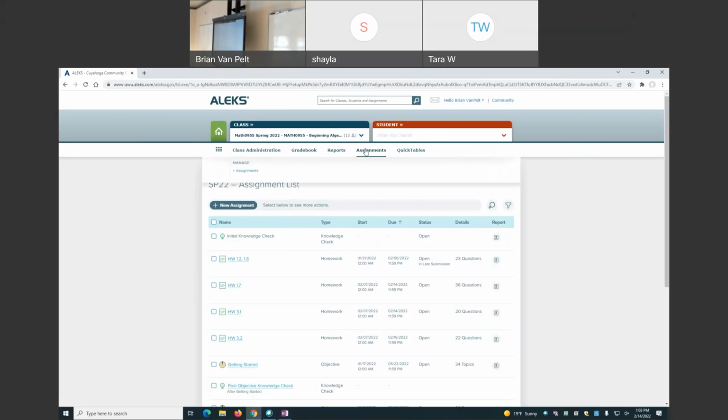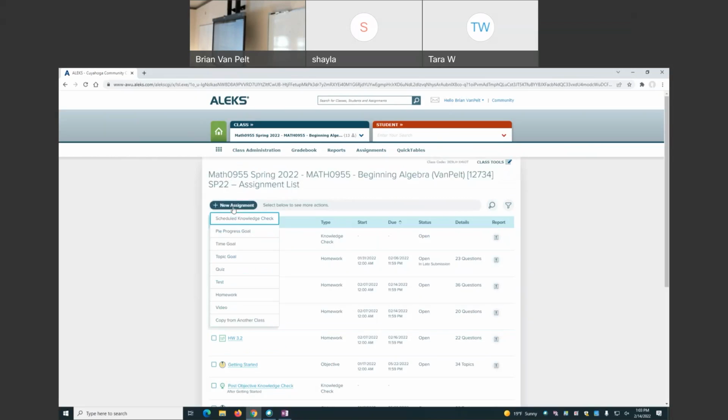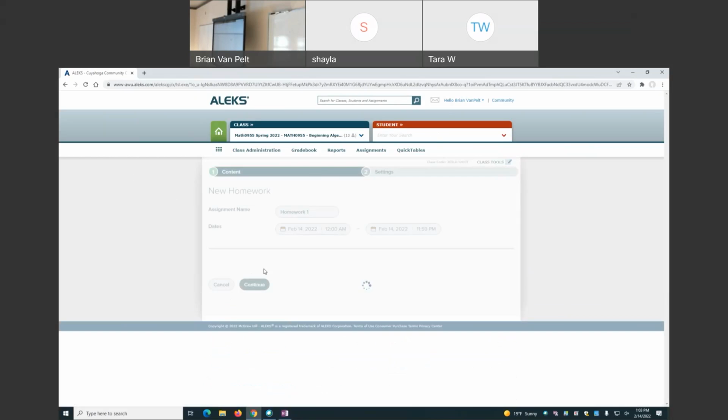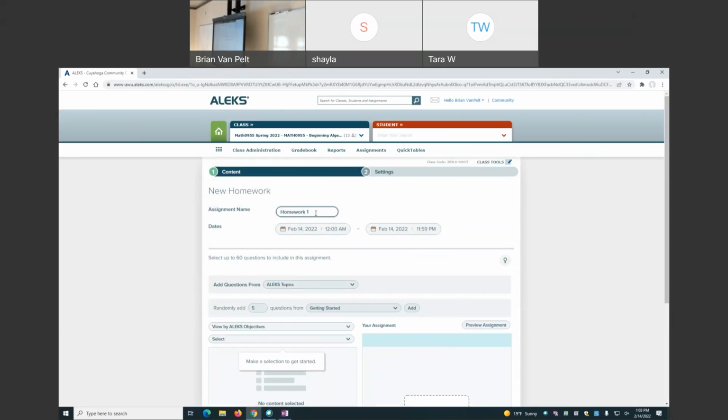So I'll create a homework here so you can see the way it works, generally speaking. Okay, so this is homework. We're going to do 3.3 today. So I'll put homework 3.3, like so.